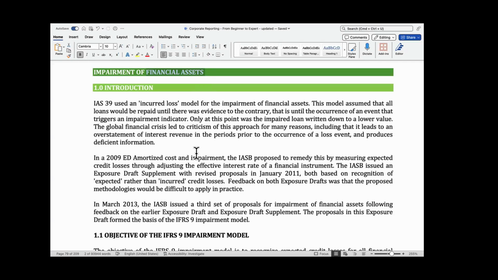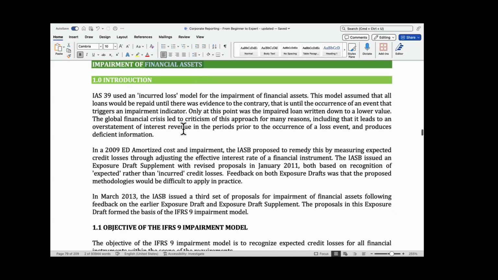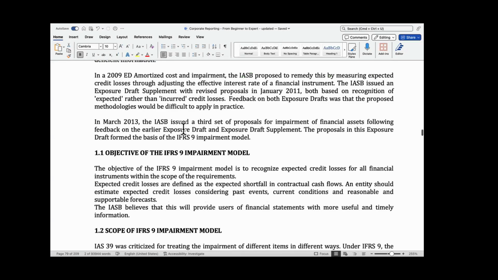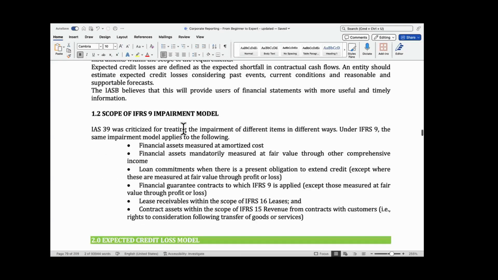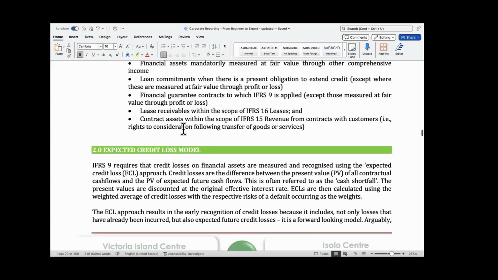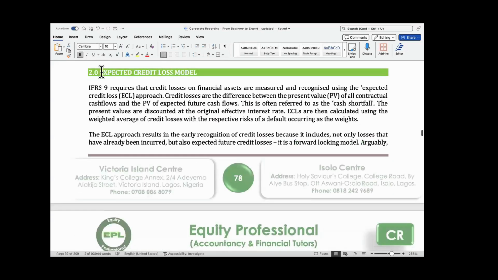So let me just go straight to the point. We are not using IAS 39 again. We are using IFRS 9. And under IFRS 9, we use what we call the expected credit loss model. As the name implies, don't wait until you have lost your money before you start recognizing impairments.